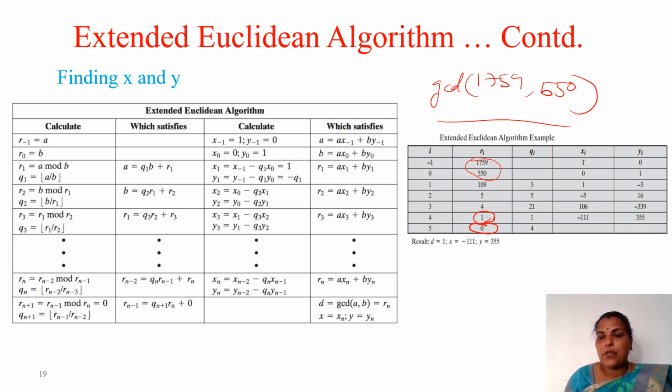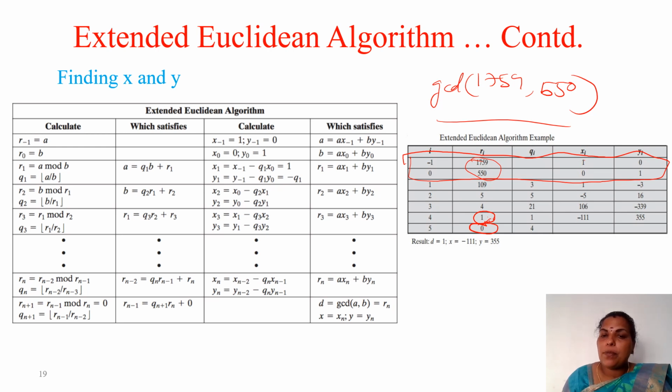This step is similar to the Euclidean algorithm. But in the extended Euclidean algorithm, what does the extended part mean? Finding the values of x and y. So these first two steps you have to do for all the problems. This is very important.